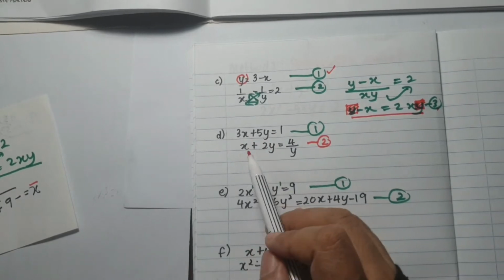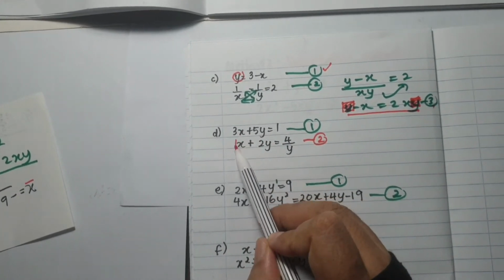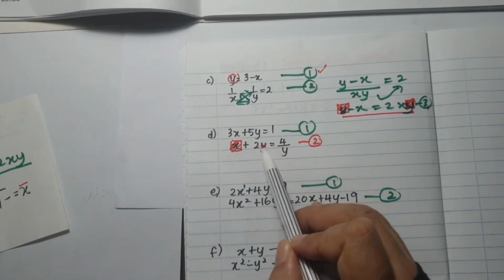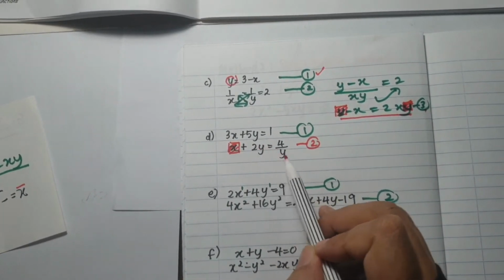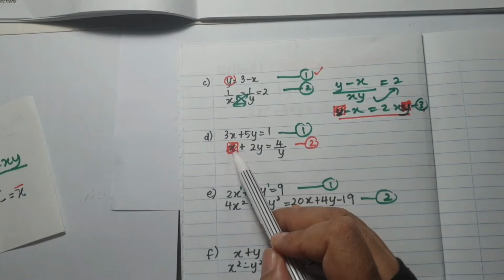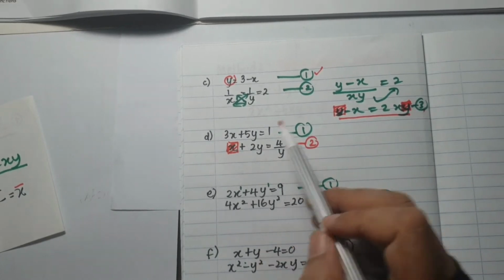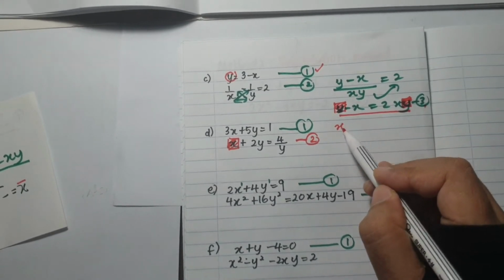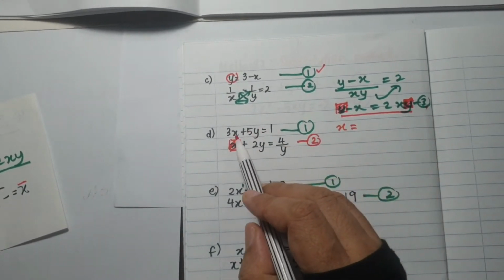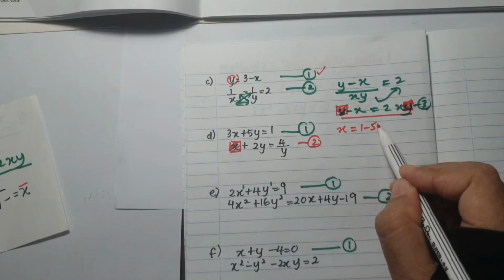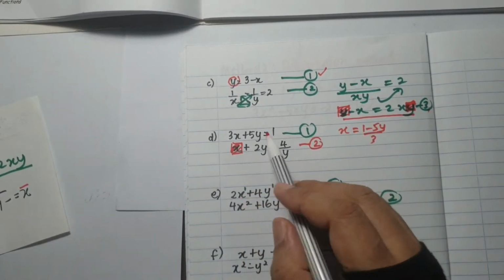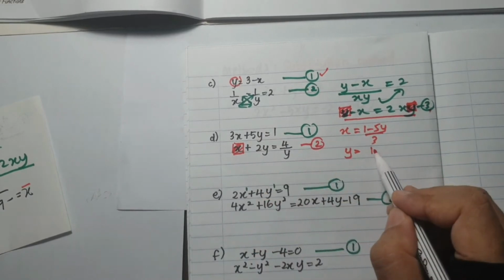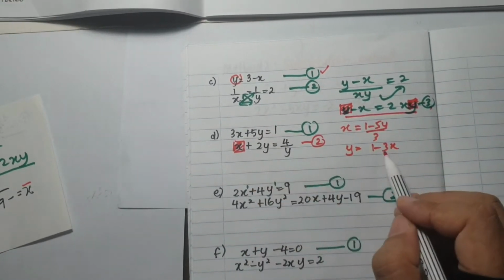You can see you only have one x here, but for y you have two terms consisting of y. So you better make x the subject. Because from the first equation, if you make x the subject, it becomes 1 minus 5y over 3, right? If you make y the subject, you have 1 minus 3x over 5.